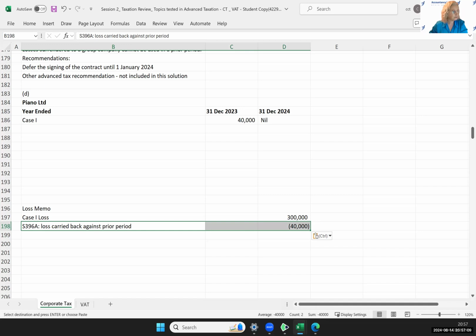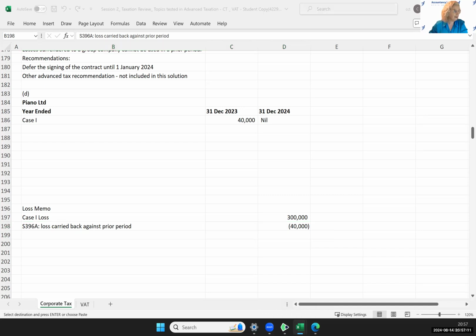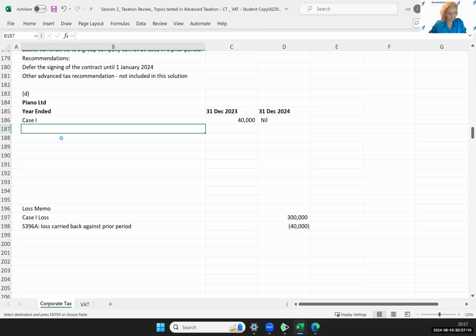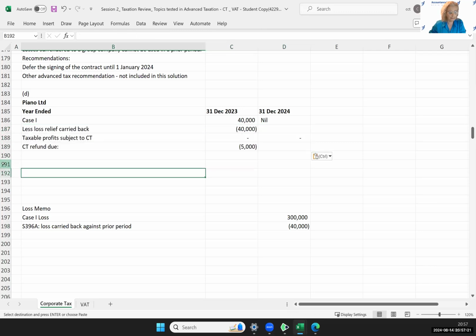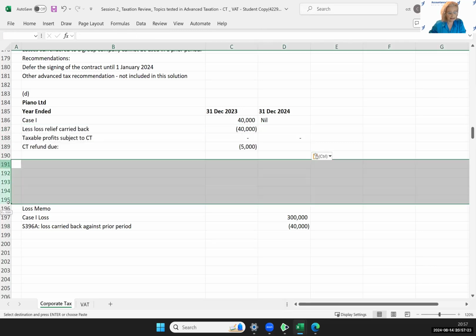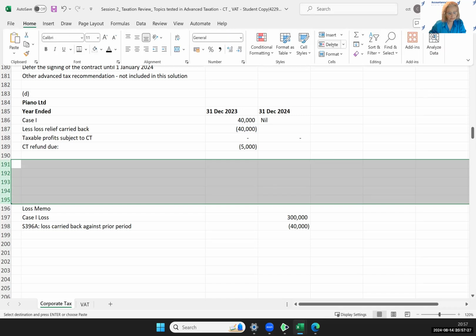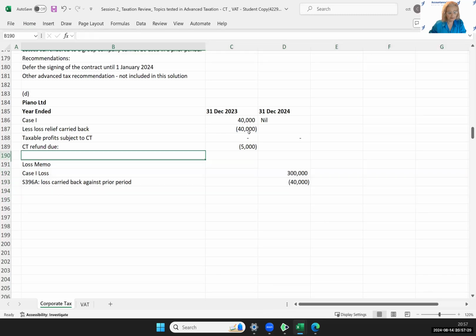All right. So Piano Limited is actually going to be in exactly the same position as it was before. Okay. So there is the loss offset against Piano Limited's profit.